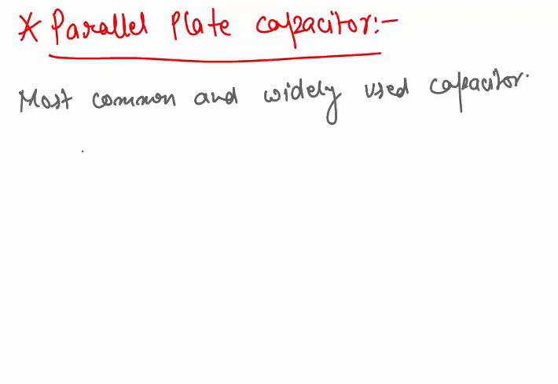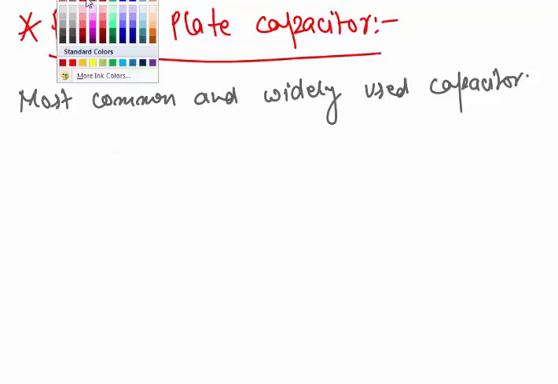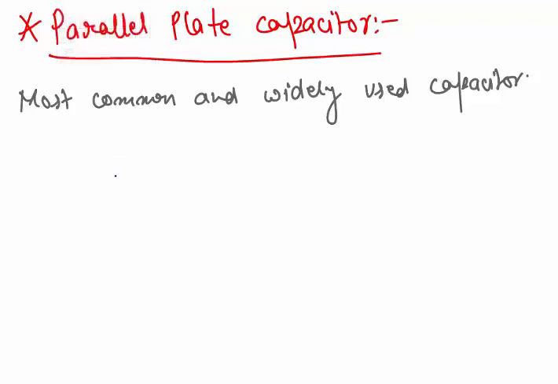Now, as the name suggests, it is a parallel plate capacitor, meaning two plates are kept parallel to each other. Suppose this is the first plate and this is the second plate.